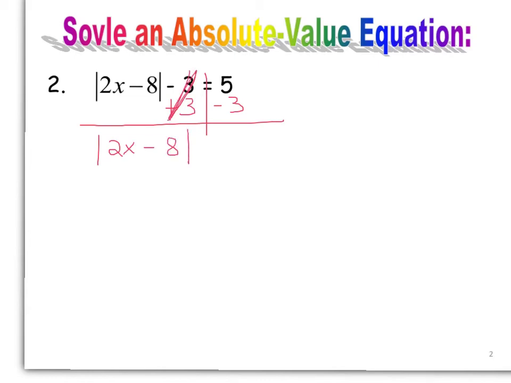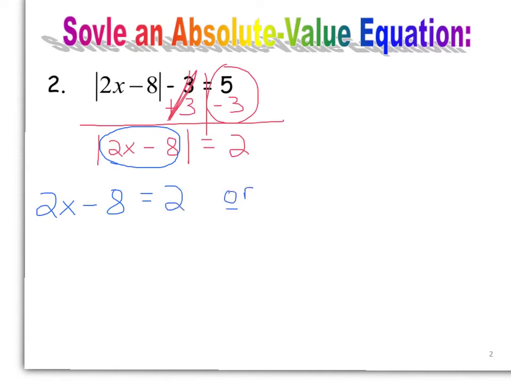Those are gone, so now all we have on the left is the absolute value, and here we have 5 plus negative 3 equals 2. And so now we're going to set up our two equations. We need to find the value for x that will make this quantity, 2x minus 8, equal to 2, or 2x minus 8 equal to negative 2.